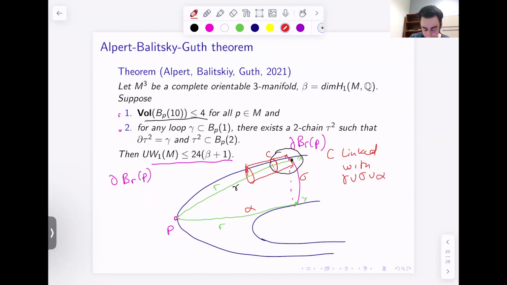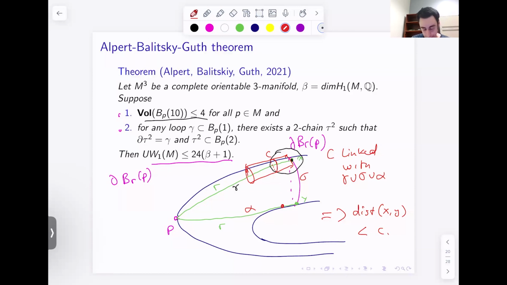So it must be that it has to intersect this curve alpha. The filling has to intersect this curve alpha, and the filling cannot lie too far. And from this, you can show that the distance between x and y is controlled, smaller than some constant, which works out to be 24.